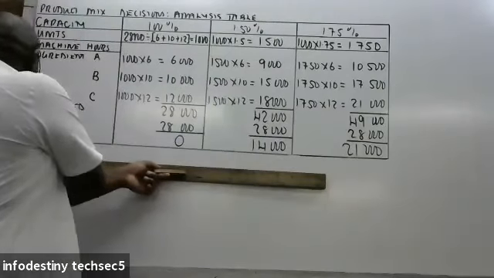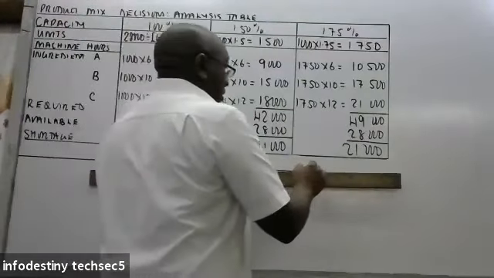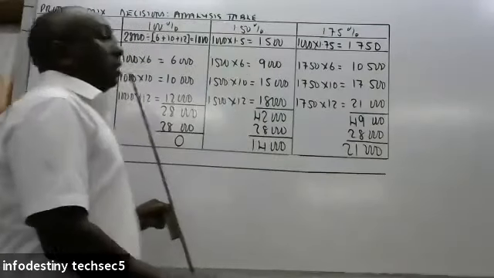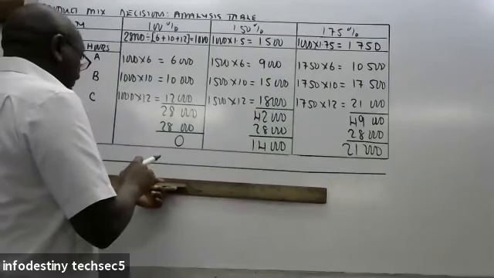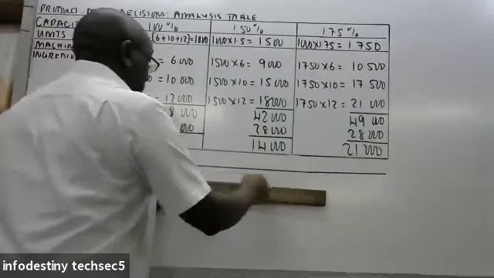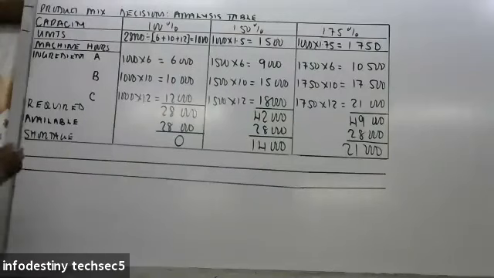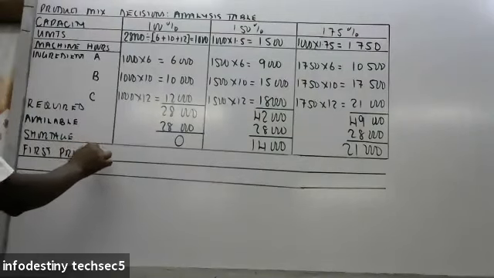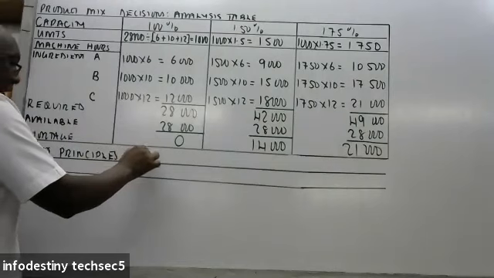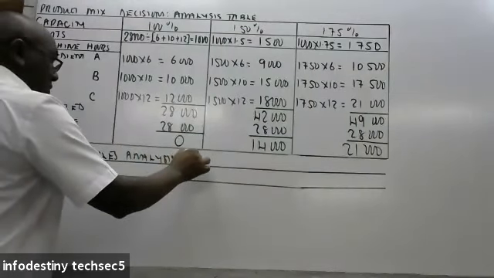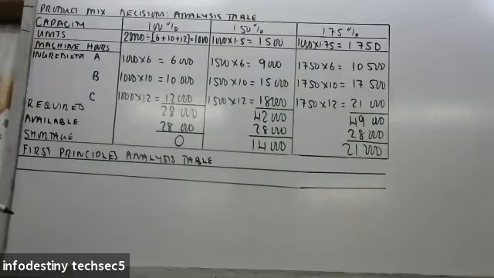Okay, from there, now you know very well, we prepare something called the first principles analysis table, where we have details, and then we always begin with contribution margin.